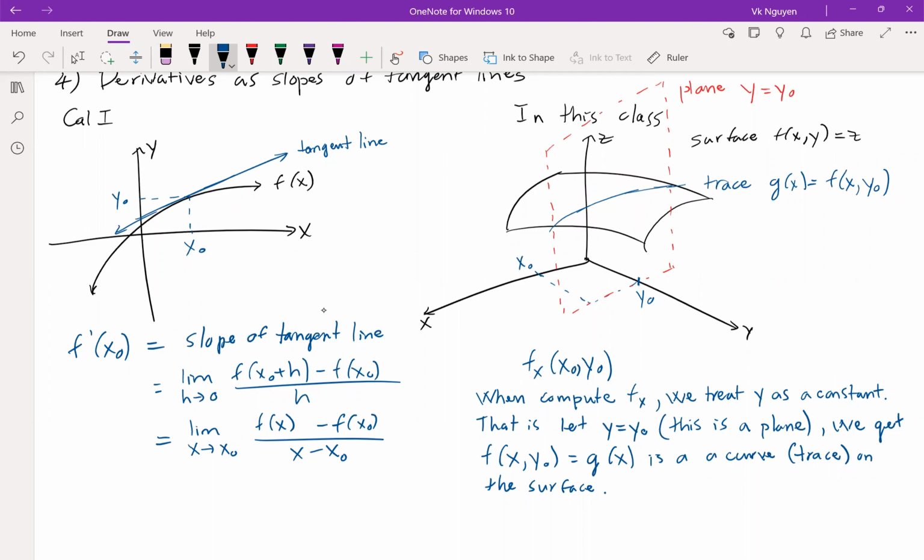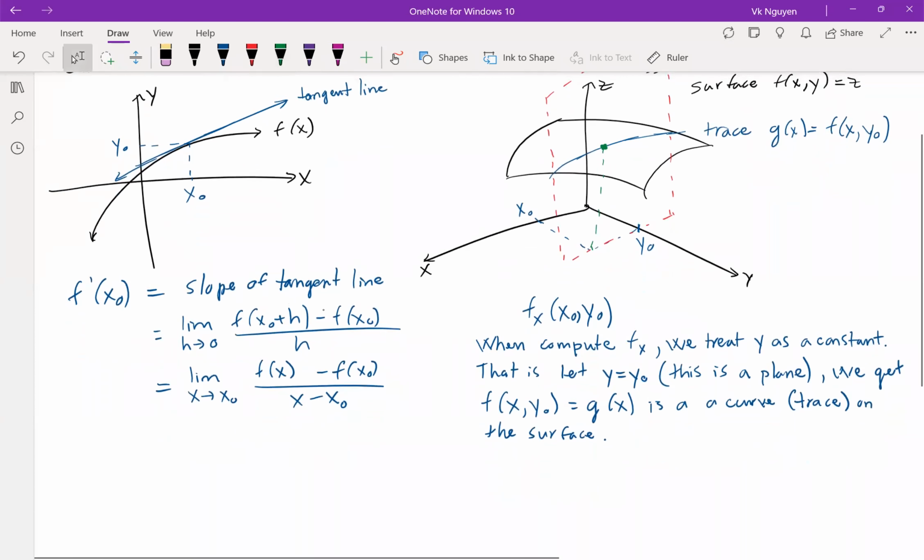Okay, so we want to figure out exactly what the partial derivative is at the point x naught, y naught. So you have to move up from this x naught, y naught right here, and you get this point. Well, if you take a look, the partial derivative is just going to be the derivative, g prime of x.